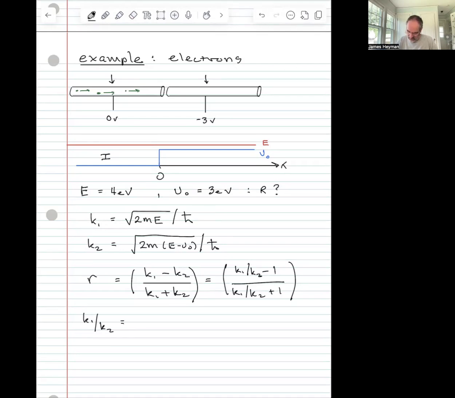And you can see that this is the square root of 2mE over h bar, divided by the square root of 2m(E minus U0) over h bar. And what's nice about evaluating this is most of the terms cancel.